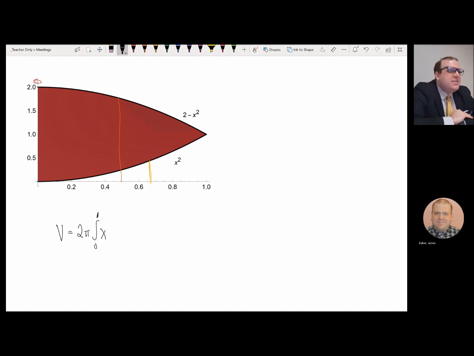Distance from the axis of rotation is still just x. First height will be 2 minus x squared. Smaller height is x squared.